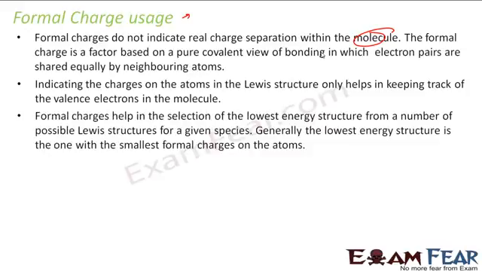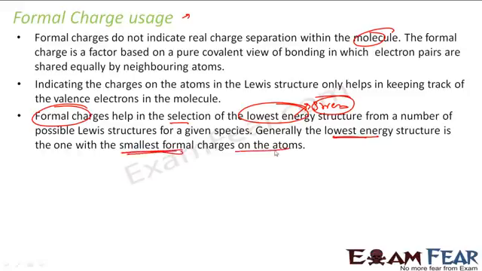But the critical reason why we understand the formal charge is because it helps in selection of the lowest energy structure. And I told you that everybody wants to be stable with lowest energy, because energy is something like stress, right? So the lowest energy structure is the one which has the lowest formal charge on the atoms. Let's suppose I have one structure where 3 atoms have got -2 or +2 charge, and another possible structure where there is no charge or -1 charge.